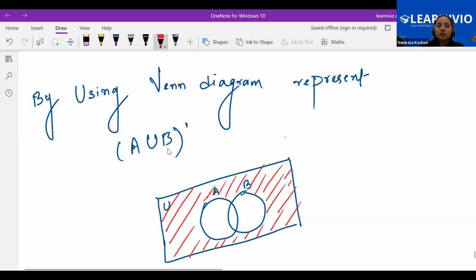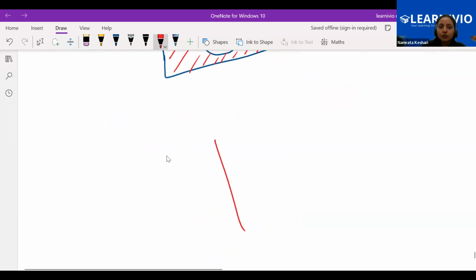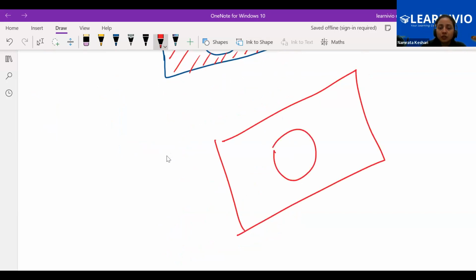See, A union B means what? Union of two sets means A also, B also, and whatever is common, that also. That's called union. Okay?